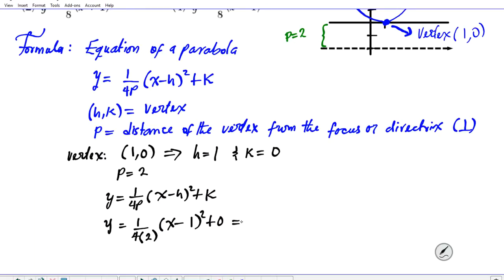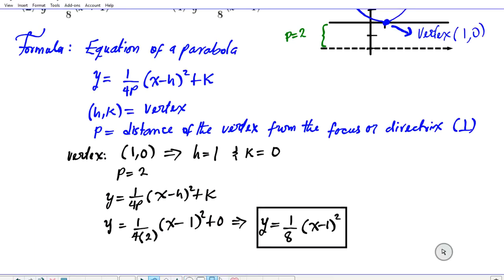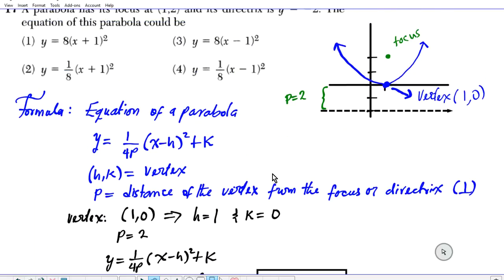If we simplify this, that's going to give us y equals 1 over 8 times x minus 1 quantity squared plus 0. So this right here is our final answer. Answer to number 17 is option number 4.